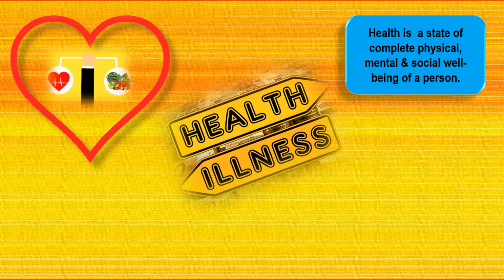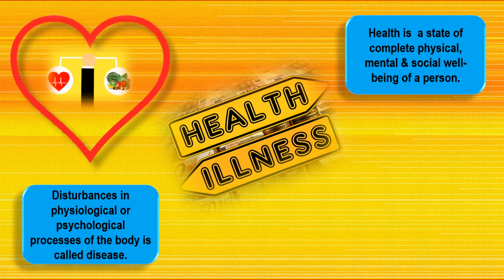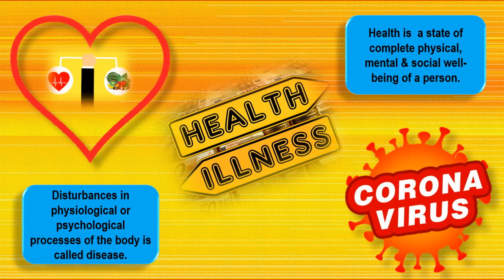So if all these three, the physical, mental, and social well-being of a person is good, then we say the person is healthy. On the opposite side of health comes disease or illness. Disturbances in physiological or psychological processes of the body is called disease.